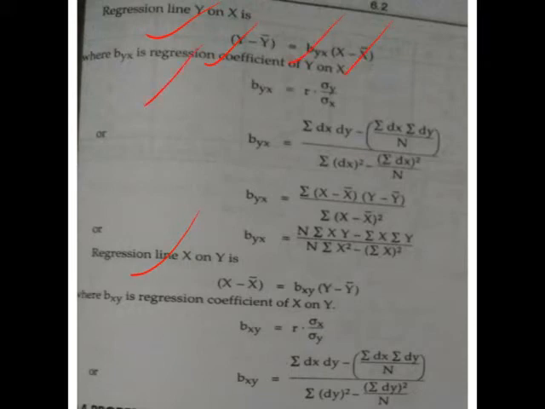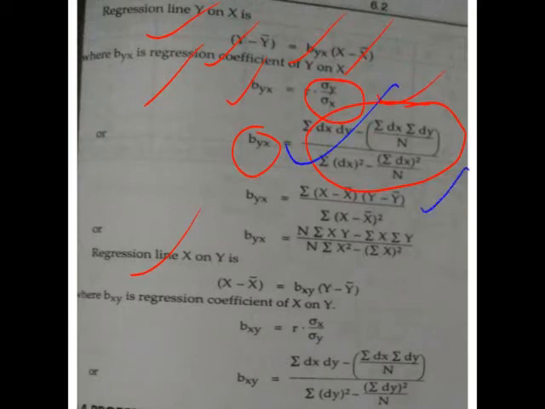Here byx is the regression coefficient of y on x. So you have to find the value of byx. What is byx? Byx is equal to r into sigma y divided by sigma x. This is the formula for byx. So either we go for this formula or the other formula.